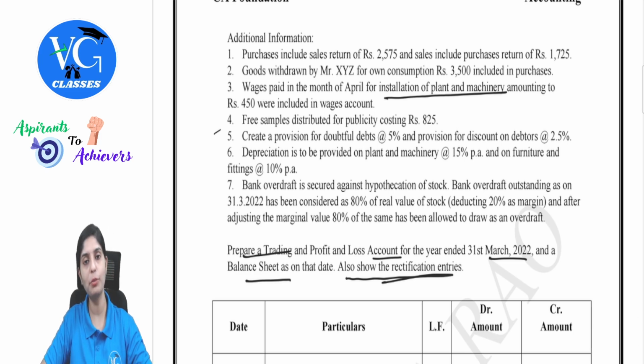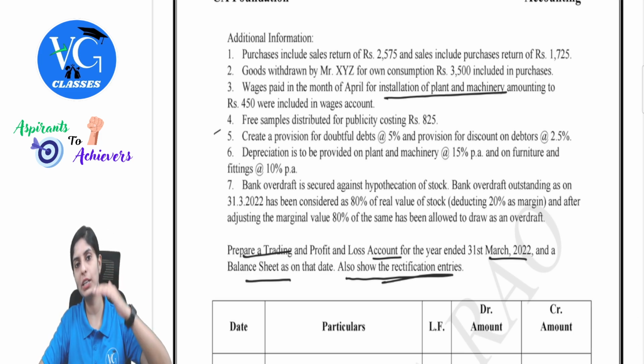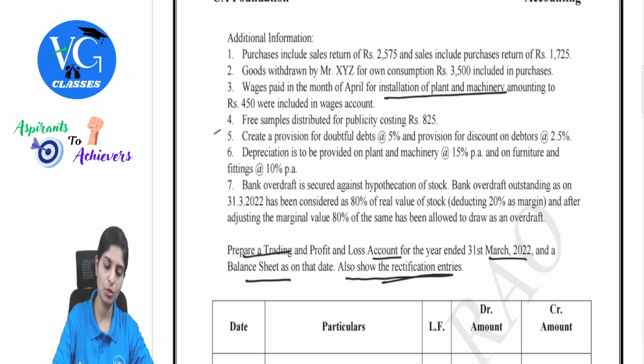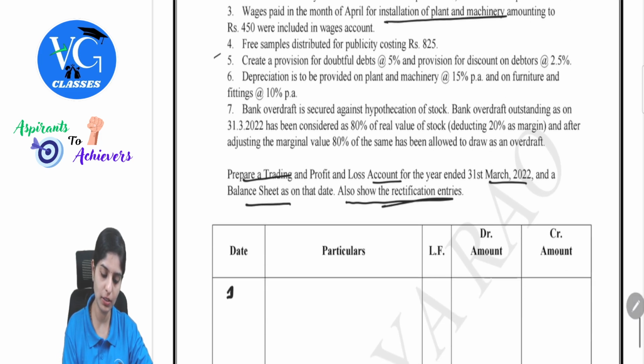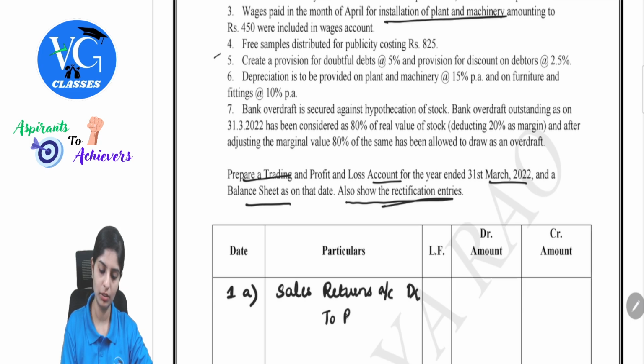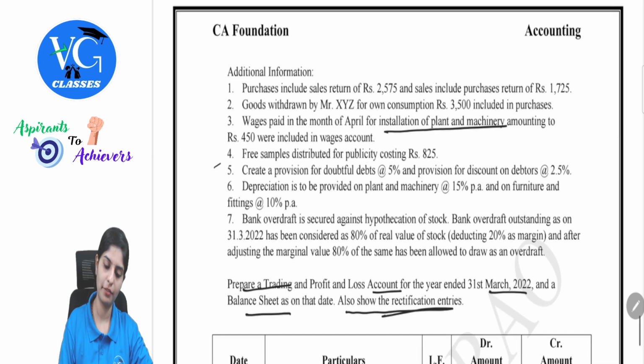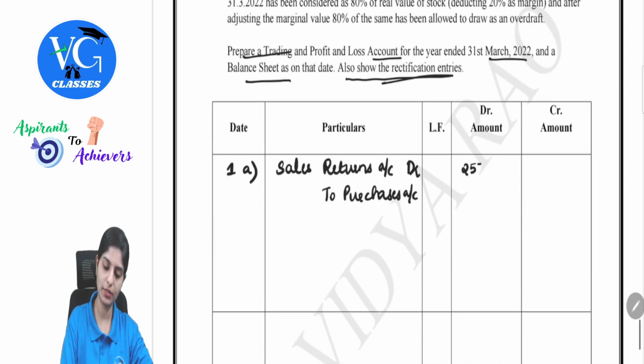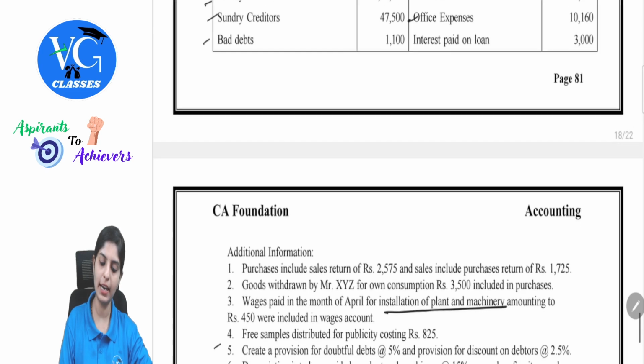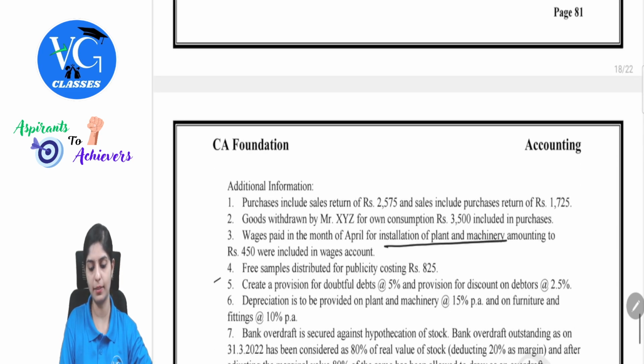So what will be the first rectification entry for this? Purchases should be removed, means purchases will have a debit balance, so we will credit. What needs to be created? Sales return account. So what will be the first entry for the first transaction? Sales returns account debit to purchases 2,575. Similarly, sales include purchases return.